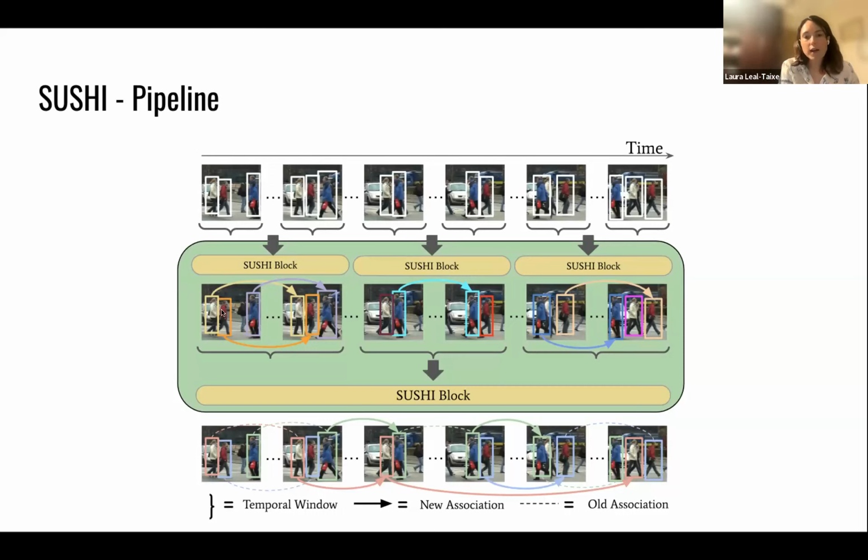Now, once we have these trajectories from frame 1 to 5, from frame 6 to 10, from frame 11 to 15, what we have now is another Sushi block that takes these 3 outputs and tries to connect these tracklets among themselves to see how many trajectories we can get from frame 0 to frame 15. And we do this in a hierarchical way, right? Slowly, for 5, 25 frames, 50, 150, we keep growing and growing and growing until we reach 1,000 frames, or however many frames you need.